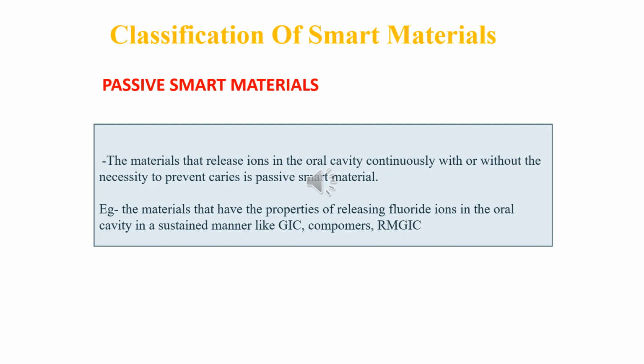They are continuously releasing the ions and whatever important property is there in them, providing prevention of dental caries. The most common example is GIC. Others are compomers, RMGICs, and many more that we are already using on a day-to-day basis.